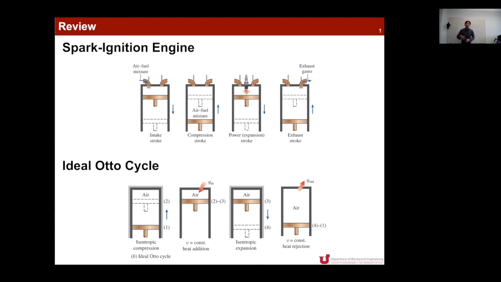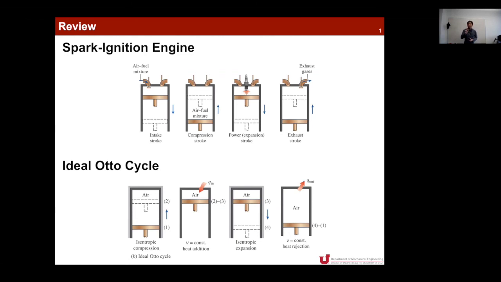As soon as we open the exhaust valve, the high pressure inside the cylinder expels most of the exhaust gas instantaneously. So this blow-down process can be modeled as a constant volume heat rejection process. Again, you have to remember that the working fluid is totally air.